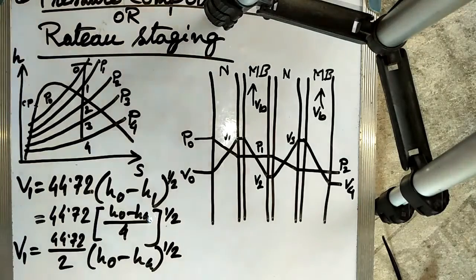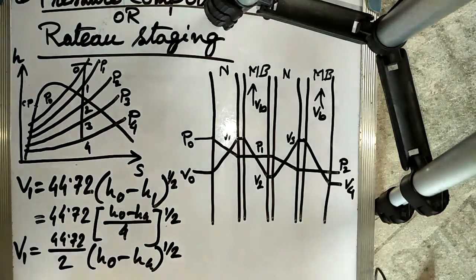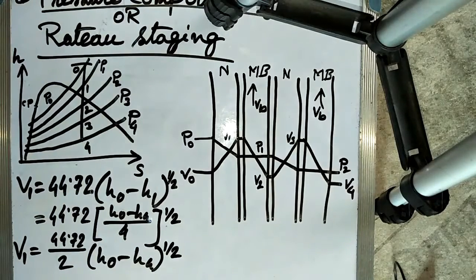But if the kinetic energy of steam at inlet to each subsequent row of nozzle is small and neglected, then the velocity of steam leaving the nozzles in each row will be the same as given in this equation.